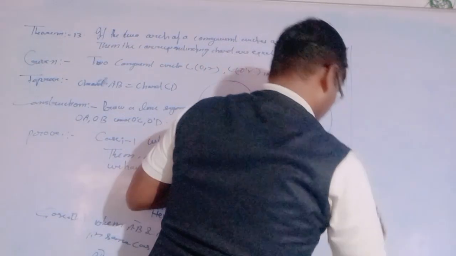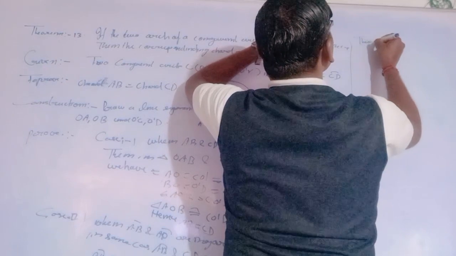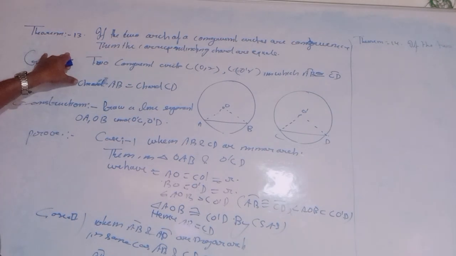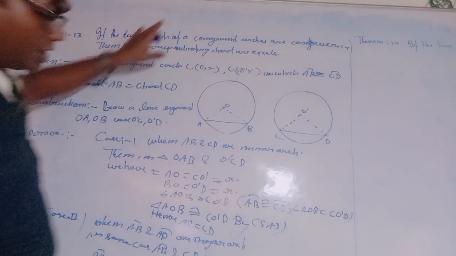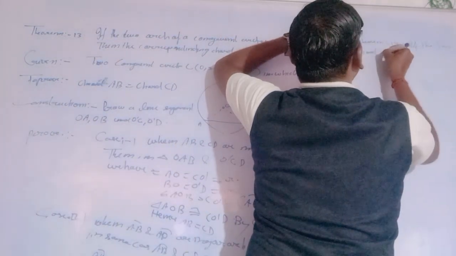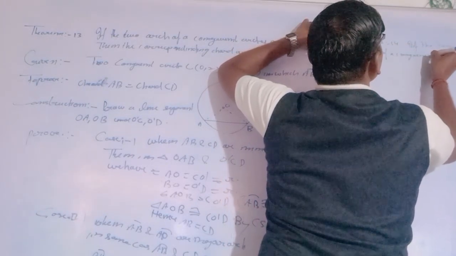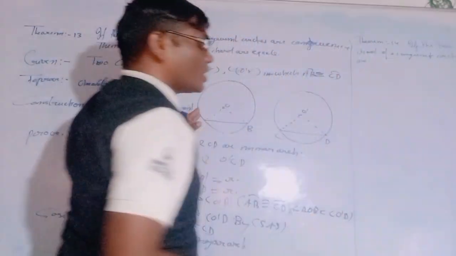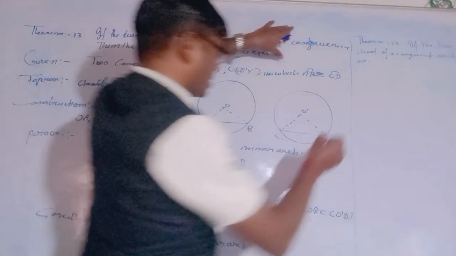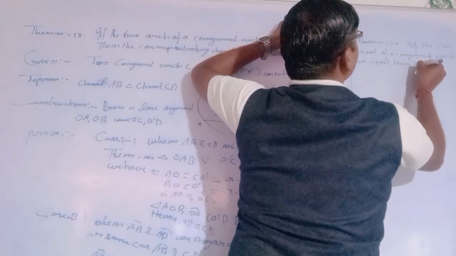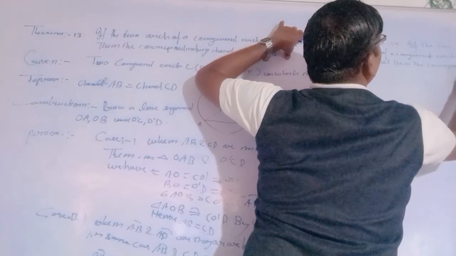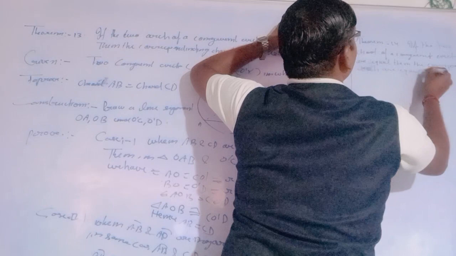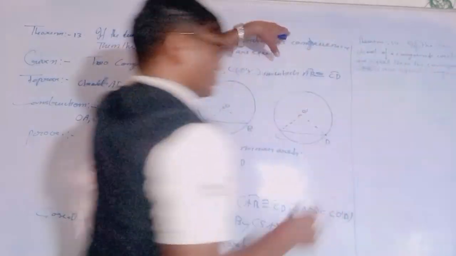Second theorem, theorem 14: if two chords of congruent circles are equal, then the corresponding arcs are equal and congruent. This we have to prove.